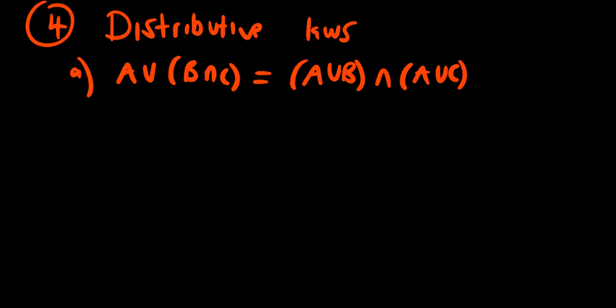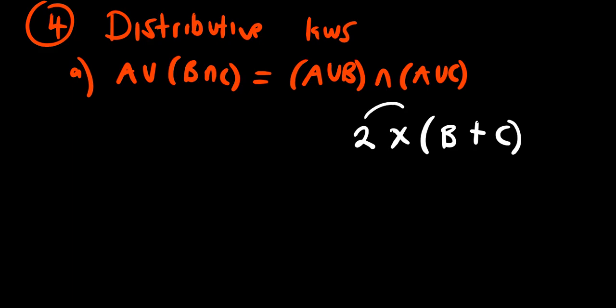Just a reminder, okay, let's go back to our primary school. If I'm multiplying 2 and I want to distribute this 2 in this expression, let's say I'm multiplying 2 to B plus C. So what am I going to get?